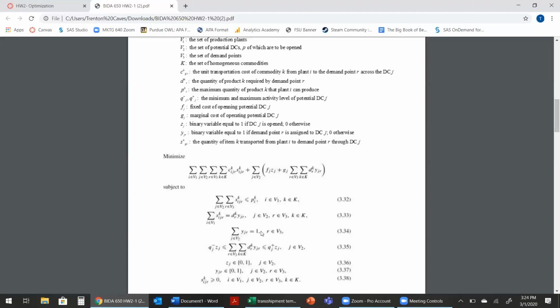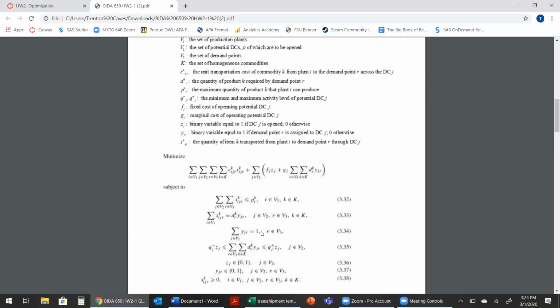But since a single distribution center can service multiple demand points, we don't have a one-for-one relationship. It's not that a single distribution center can only service a single demand point.